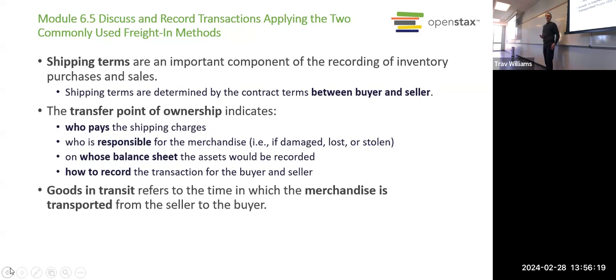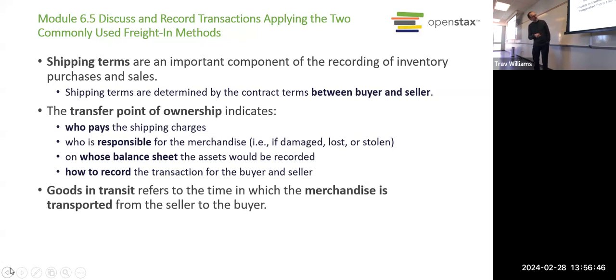So these are important questions. And that's why when a purchase is made, there are shipping terms, just like there would be credit terms to let the buyer know when they have to pay and if they might be able to get a discount. There are shipping terms so that the buyer knows when they will own the property and who has to pay for the shipping costs.